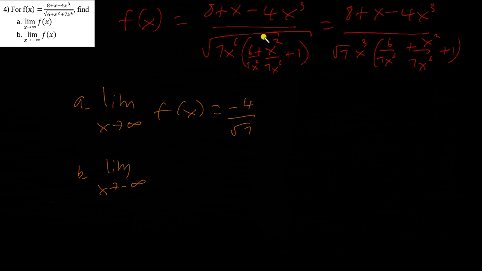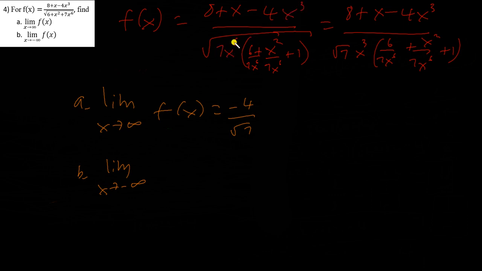Well, let's look at this original expression here before we pulled out the 7x to the 6th. If we plugged in negative infinity, it would be to an odd power, so this would be a really big negative number.